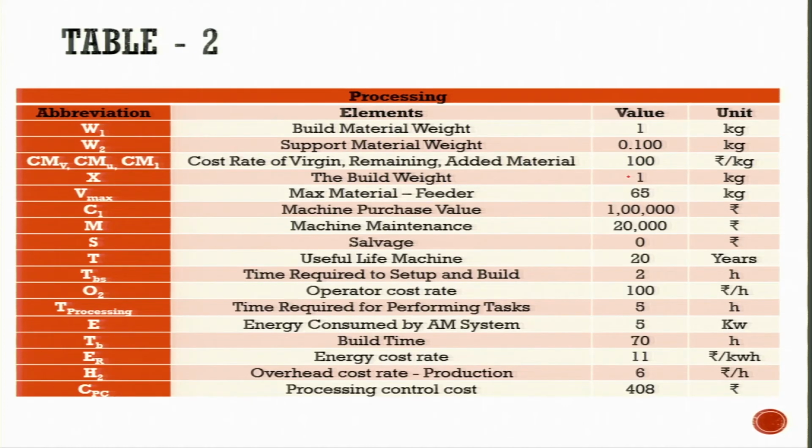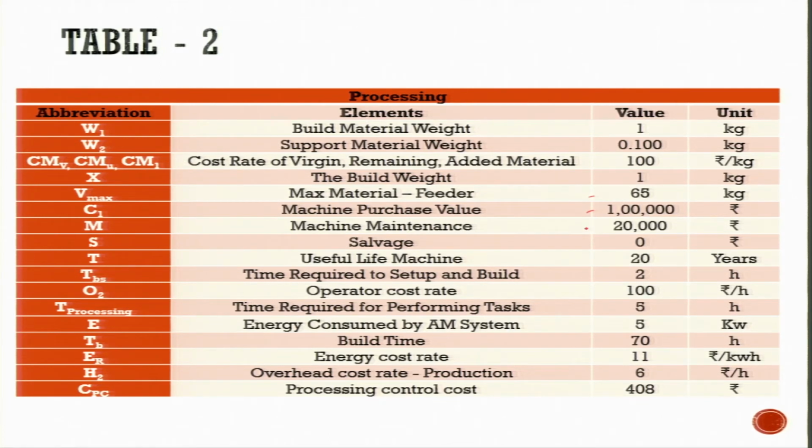Similarly, we have the cost for the processing, where bill of material weight is 1 kg. I have only put very simple values here, these are not the exact values, just to see how the calculations go. So, support material weight is 10% of the total build weight, the cost rate for virgin and remaining added material is ₹100 per kg, the build weight is 1 kg, the maximum material feeder is 65 kg, machine purchase value I have only put as 1 lakh, however the machine is more than 1 crore.